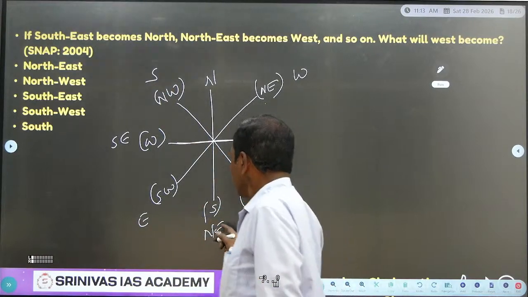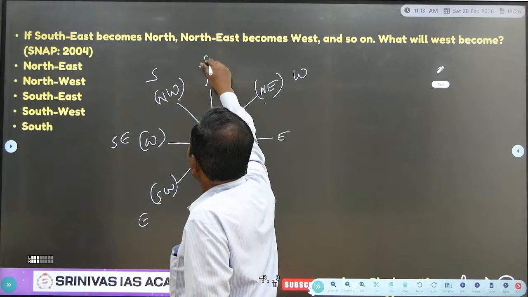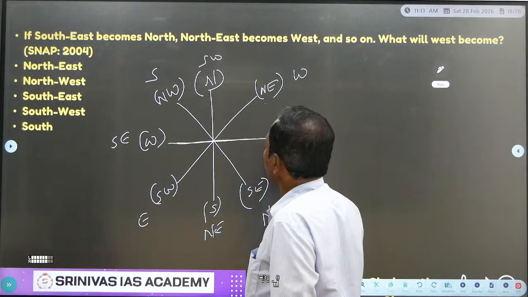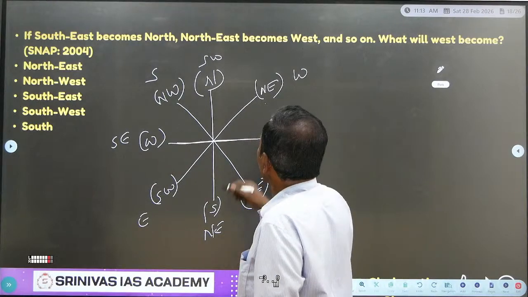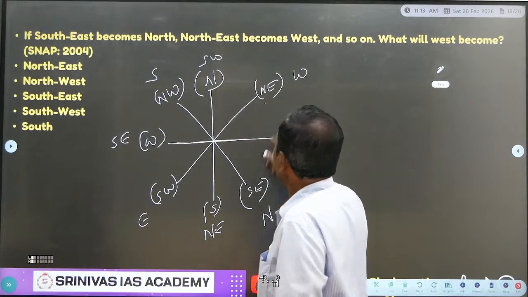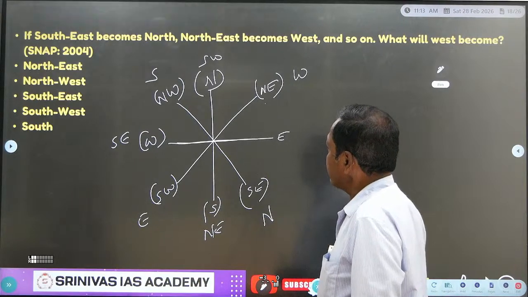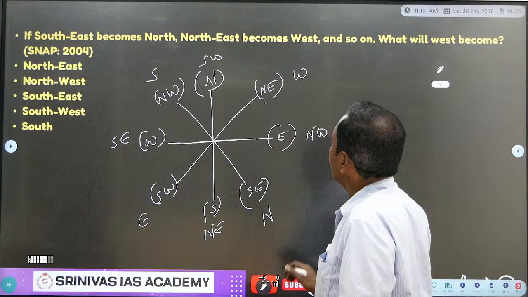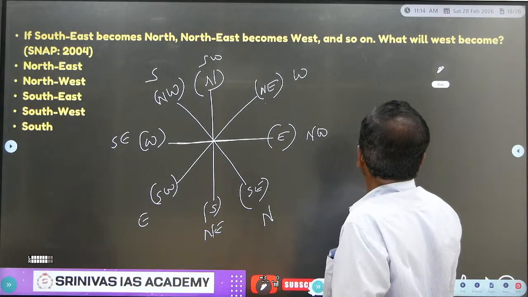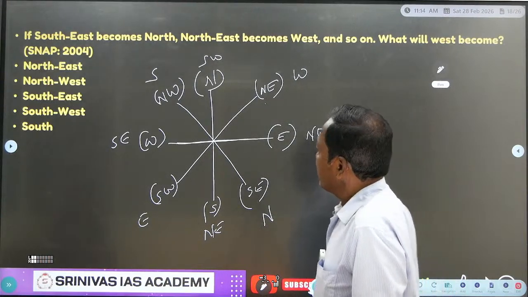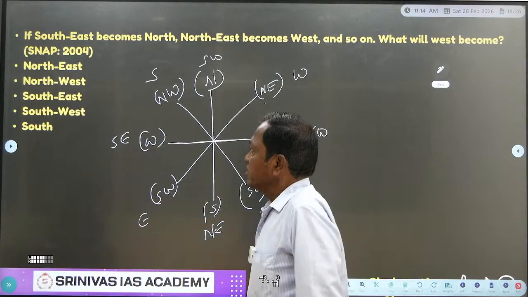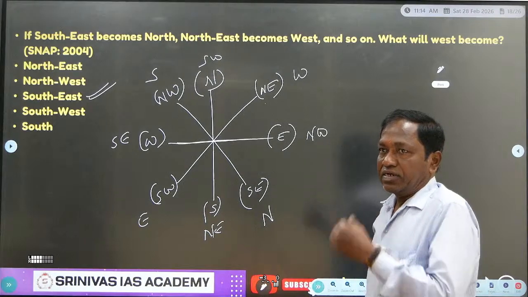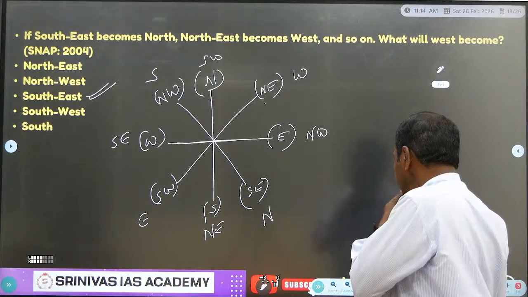After south, southwest. After southwest, west. West is already there now. After west, northwest. Right, it's done. What will west become? West becomes southeast. It's like that. But you have to draw that and see that.